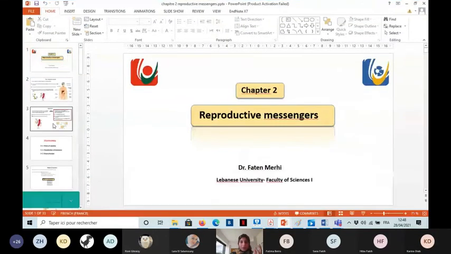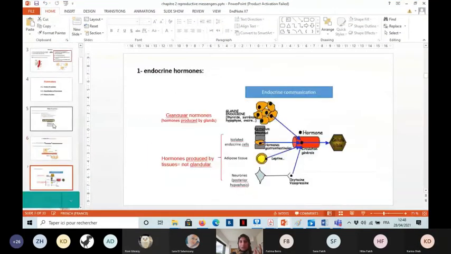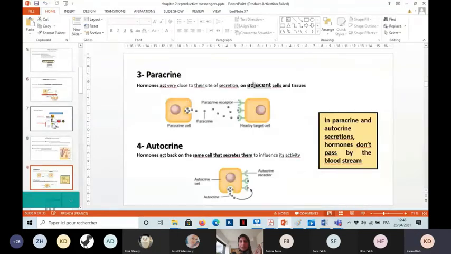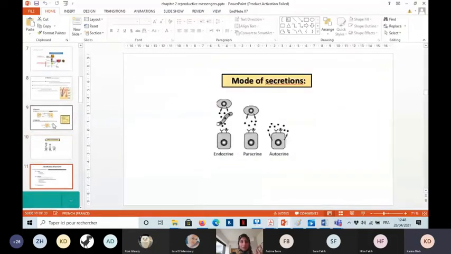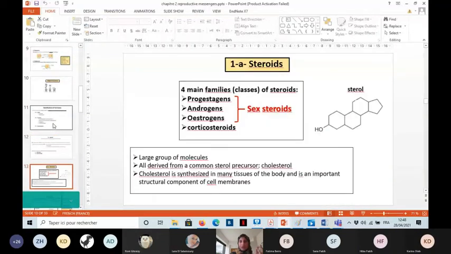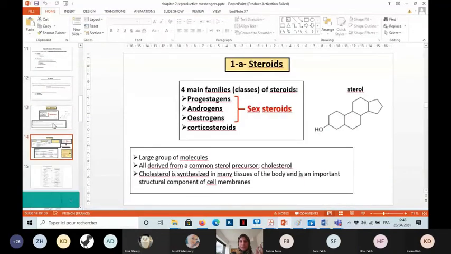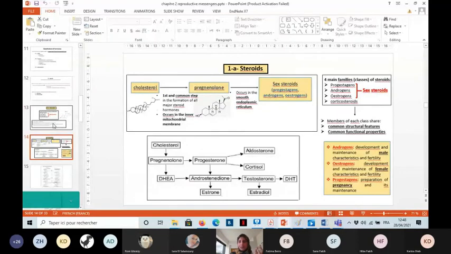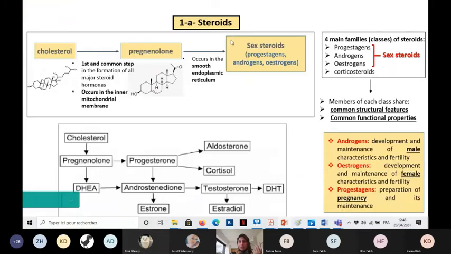Now, are you seeing the whole slide on the hormones? Yes. I go back to this slide here. Here you have the hormones, the steroids. Under the family of the steroids, you have the progestogens, like the progesterone. You have the androgens and the estrogens.